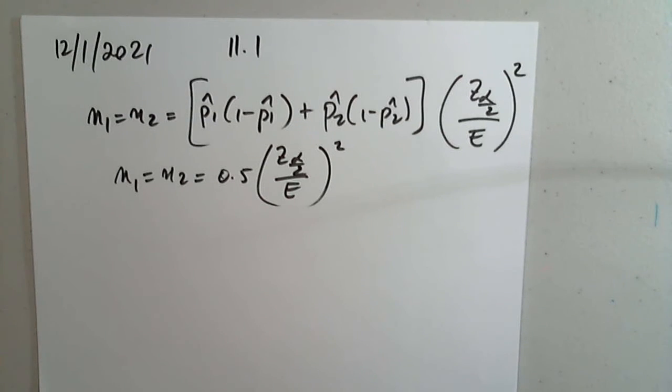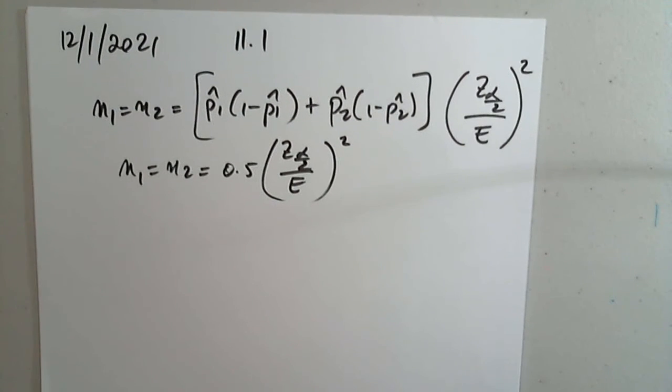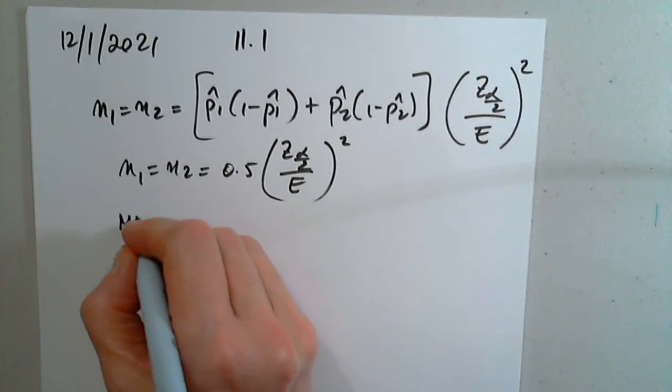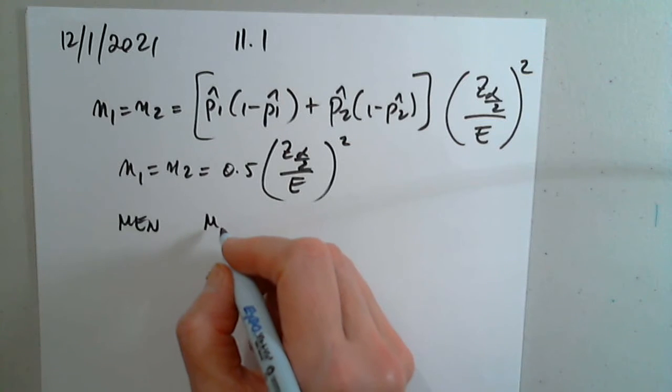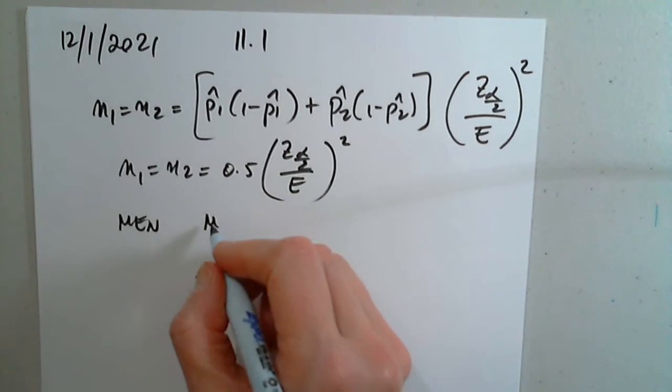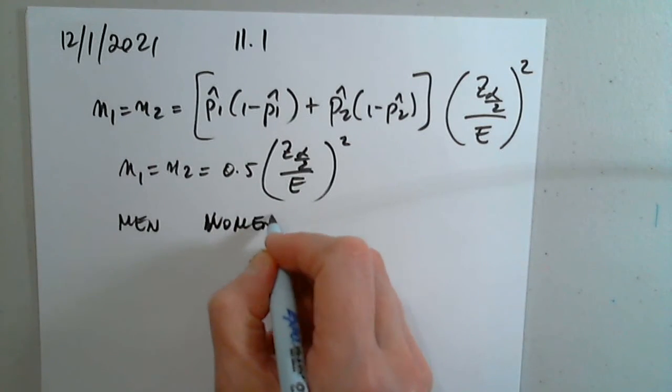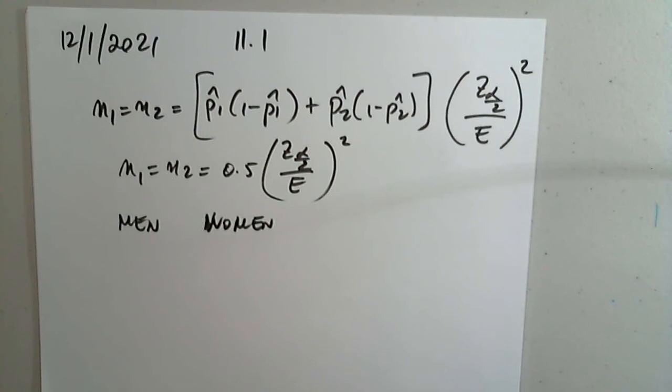So from the first sentence, I have 2 groups, 2 populations and 2 samples, men and women. I may have the sample size or not, but this is what I know already.